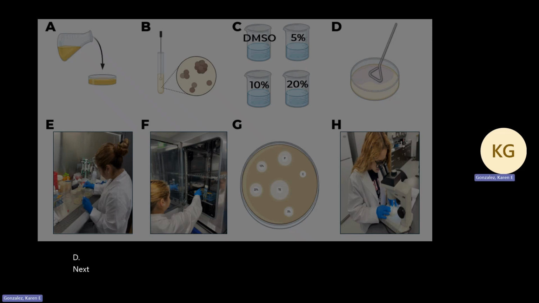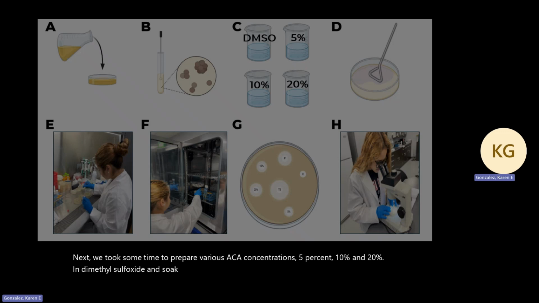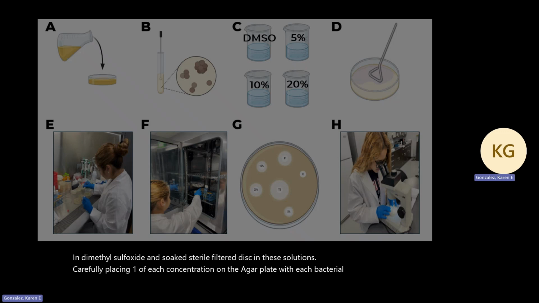Next, we took some time to prepare various AZA concentrations, 5%, 10%, and 20% in dimethyl sulfoxide, and soak sterile filter discs in these solutions, carefully placing one of each concentration on the agar plate with each bacterial species.